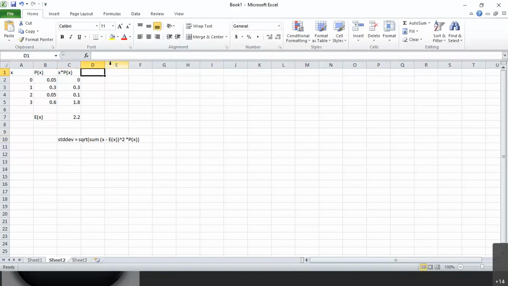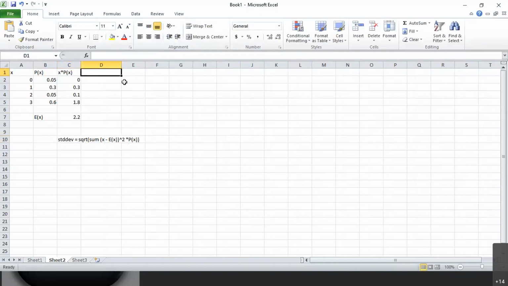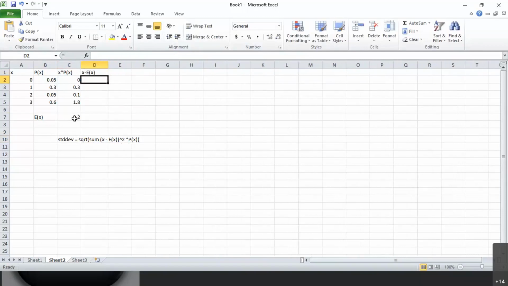So this is going to be X minus the expected value of X. When I drag this down for the whole column, I want to make sure the expected value of X is not changing, because that's fixed at 2.2. So I'm going to say equals, take my X value, and when I subtract the expected value, I'm going to put dollar signs here.